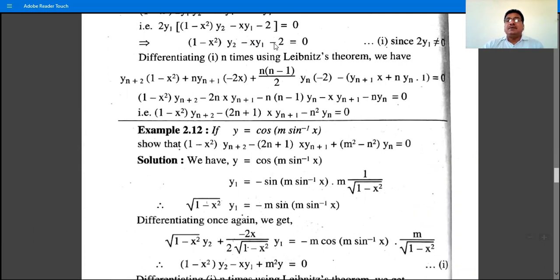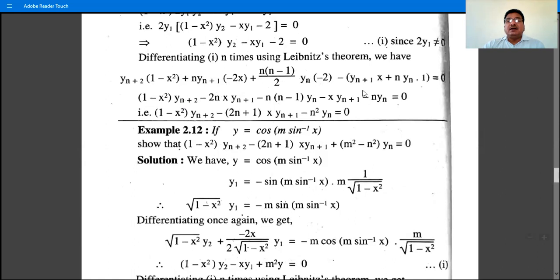Then the derivative of minus 2: the first order derivative is 0, so the nth order derivative of minus 2 is 0 as well.